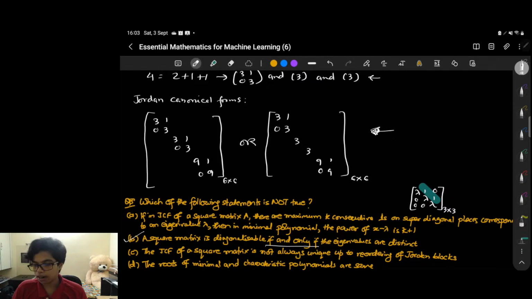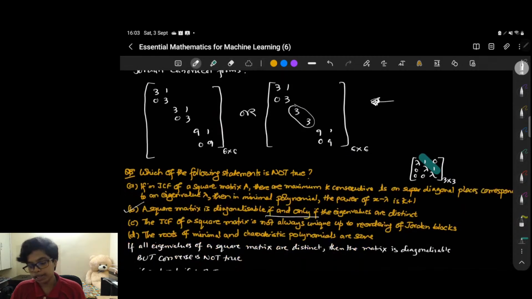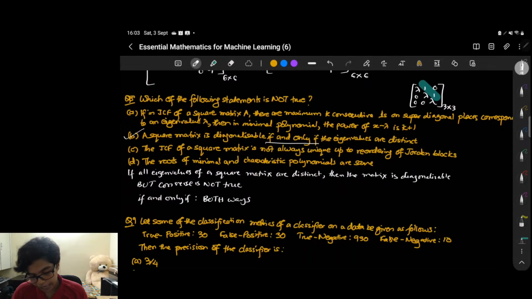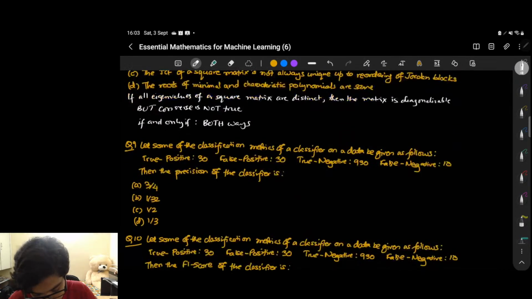They are not just different by reordering, they are indeed different because of these terms over here. And the roots of the minimal and characteristic polynomials are the same. This is true because the minimal polynomial is similar to the characteristic polynomial, only its degree is lesser, but the roots will be the same.